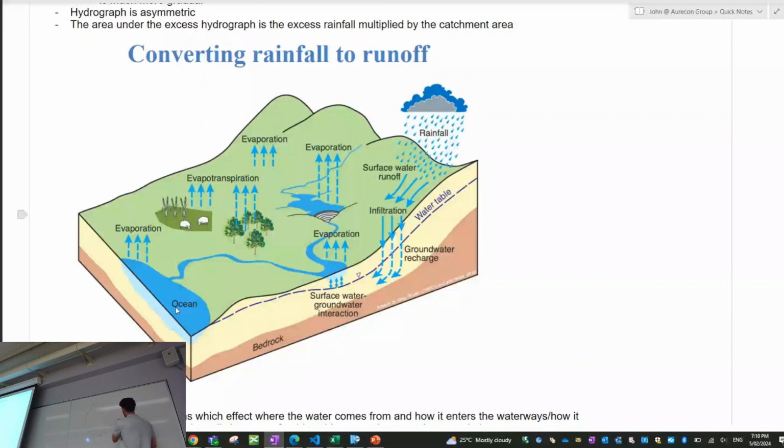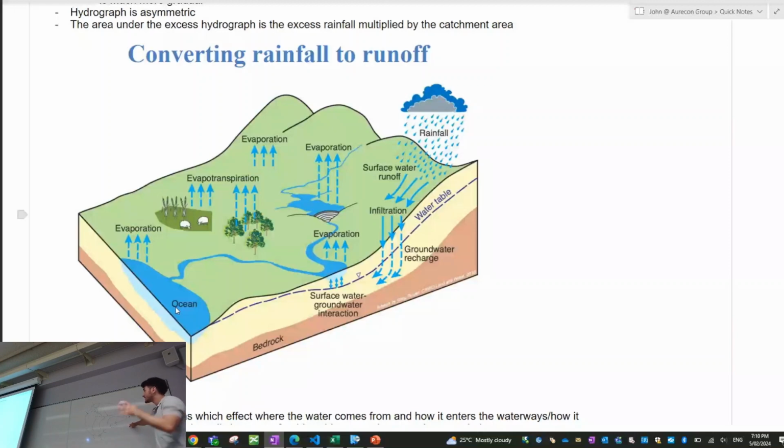And what happens is you've got an outlet, so this is where all the water drains into another catchment. And there's going to be a main trunk, and that main trunk is fed by other streams that are flowing down from the mountains. Those also have other streams, and those have other streams, and it basically just keeps going because the terrain is shaped in such a way. So this is basically what a catchment is.